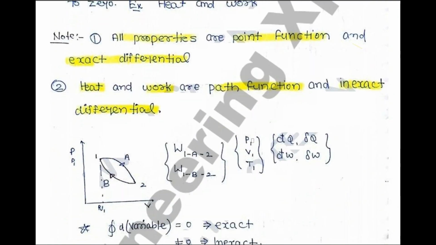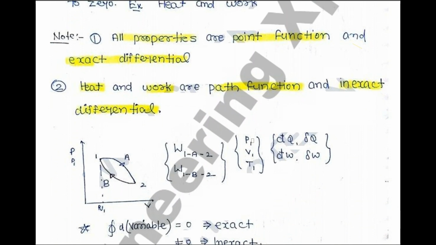You can take reference from the properties or state functions or point functions: if in a cycle they come to the initial position, the difference is zero. Therefore, the exact differential is zero for a state function or point function, and all properties are point functions, as we know. So they are exact differentials.